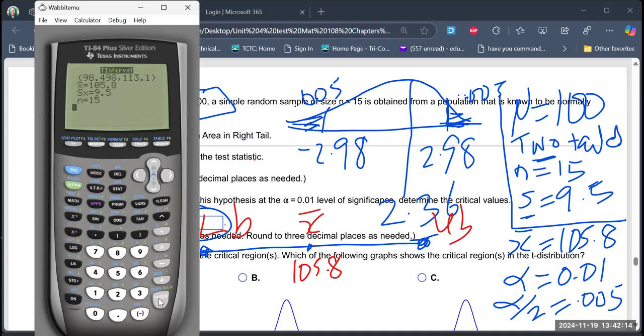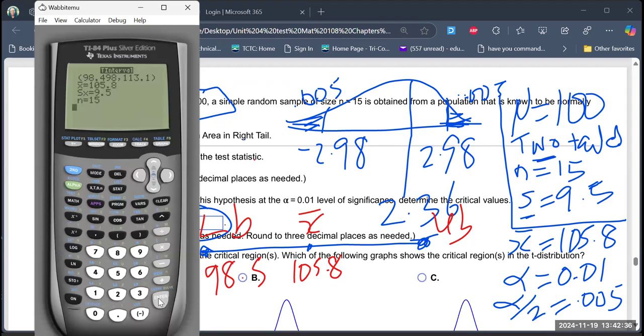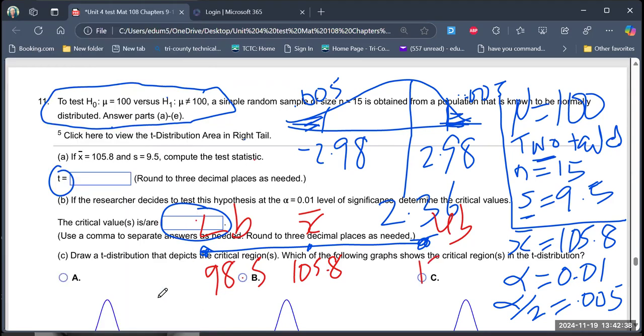Oh, we have only 3 minutes. Okay, so the interval is from 98 to 113. So I'm just going to write 98.5, and the right is 113.1.